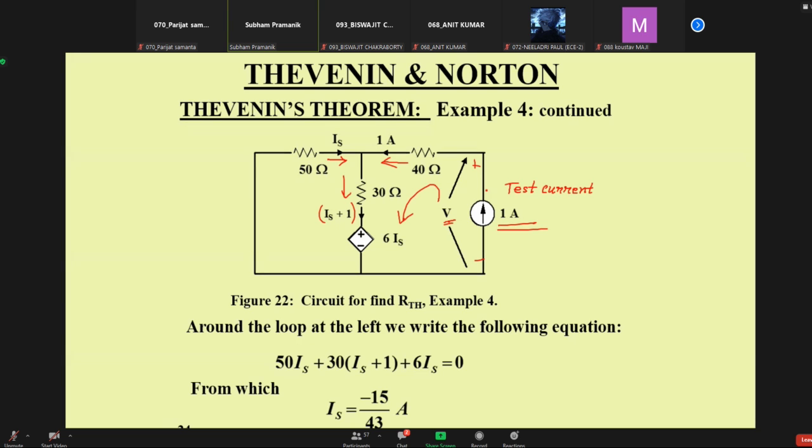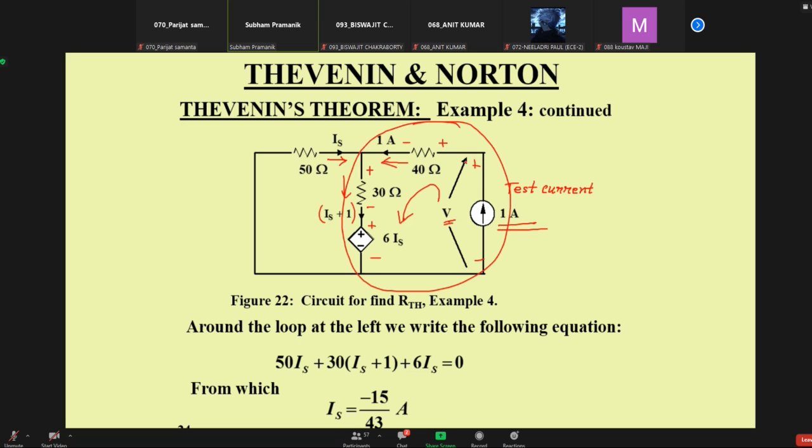So what do you need to solve? You need to find the voltage which is appearing across that. How to find that voltage? You need this voltage, this voltage, and also this. So you see, this is actually a loop or mesh.